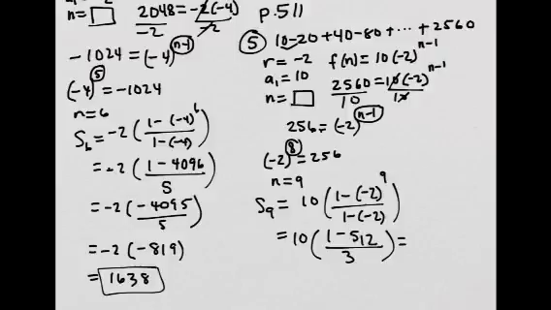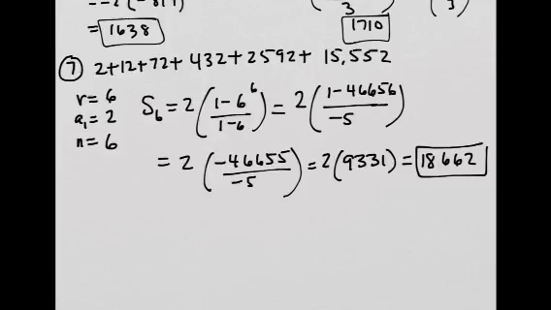So negative 2 to the ninth power is actually negative 512, and then there's a negative right here, so that's going to make it a positive. So 512 plus 1, 513, divided by 3. And the result of that divided by 3 is 1,710.